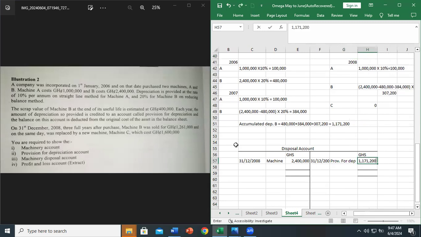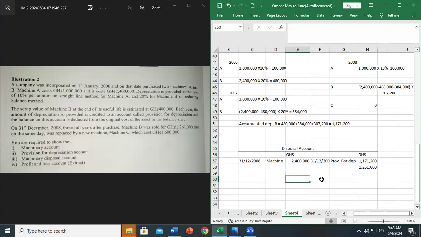Then finally, you record the proceeds, how much we got from selling the asset. And we were told that it was sold for 1,261,000. Then you now balance it and see whether you get a profit or loss.